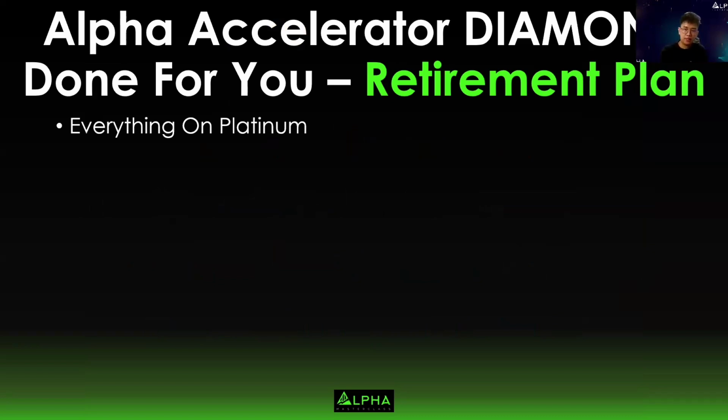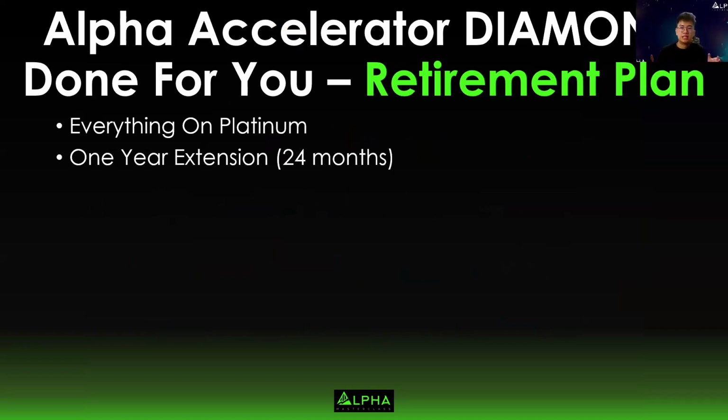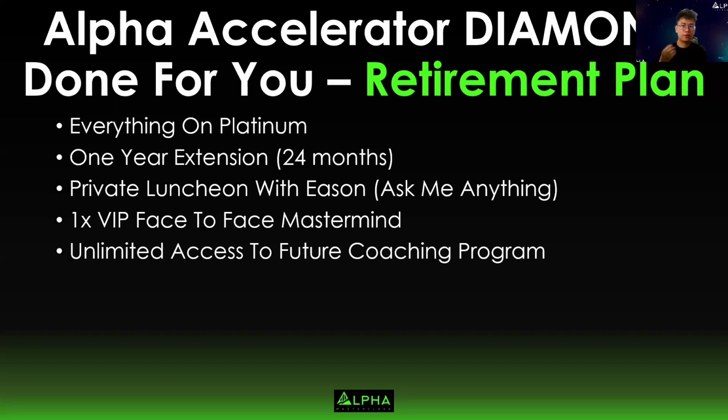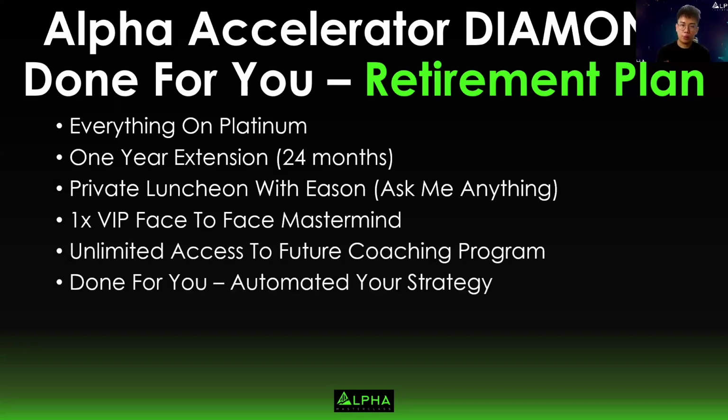Basically, you will get everything in Platinum, but with 1 year extensions. The thing is, if you are designing the platforms to use for the long term, so that there are enough profits for your retirement, what is special here is that we will guide you throughout the whole process and also provide you with the robots to automate your trading strategy.